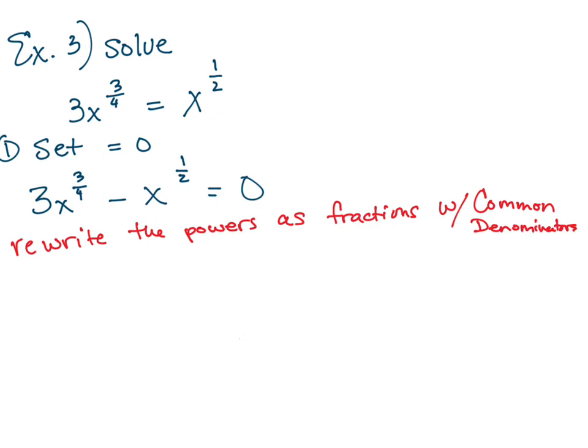Right now I have 3x to the 3/4 minus x to the 1/2. What I need is for 3/4 and 1/2 to have the same denominator. What would be the common denominator there? 4. So we're going to change the 1/2 to be 2/4. So when we rewrite, we're going to have 3x to the 3/4 minus x to the 2/4 equals 0.